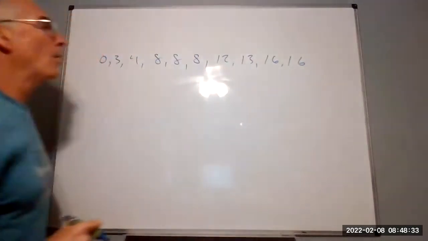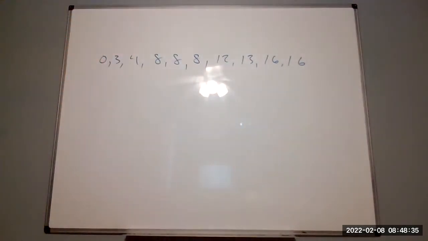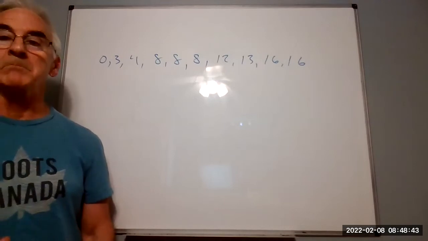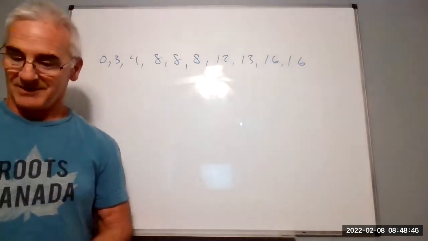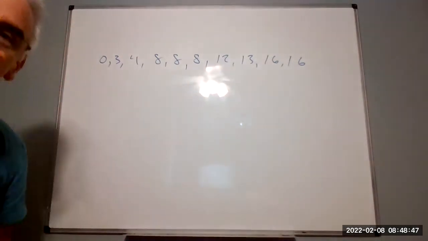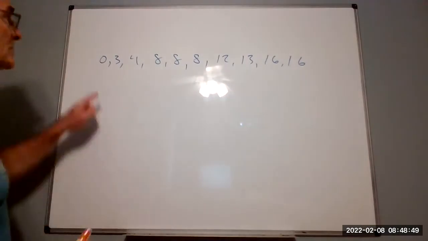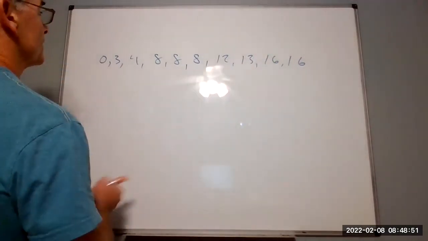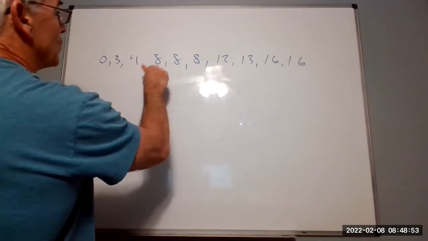What is the median score here? What is the middlemost value? Well, I have 10 values. So I have 1, 2, 3, 4, 5.